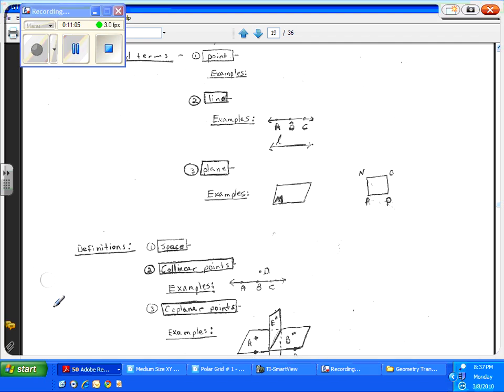We may, for just a moment, talk about one other thing. A point really has zero dimensions. It really doesn't have length, width, or height. A line begins to have what we might call length, even though it has an infinite length. It has one dimension, length.